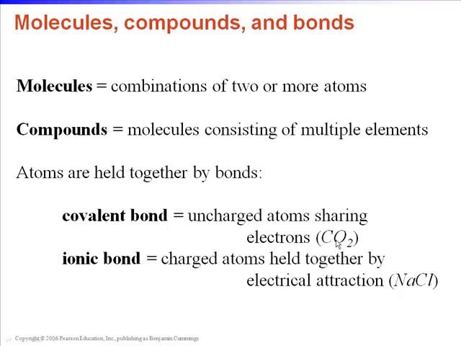CO2. So two atoms of oxygen, one atom of carbon combined together with chemical bonds. This is an example of a compound. NaCl, right? One atom of sodium and one atom of chlorine. We didn't talk about sodium yet. This is also an example of a compound. Two different atoms combined together.